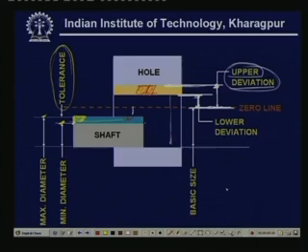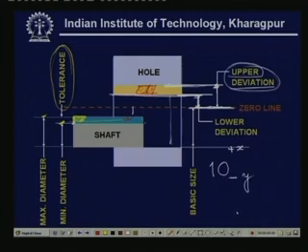Now, in this case there are several ideas one can think of. That means, if the shaft diameter is, suppose, 10 mm, and we refer to it as plus x, minus y.